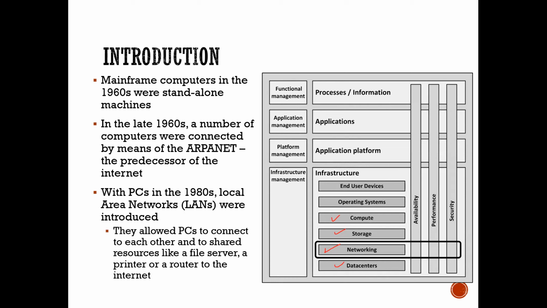Also, we will study later the availability, performance, and security concepts that should be applied continuously through the process from A to Z, until we reach high standards of security or availability on our network.